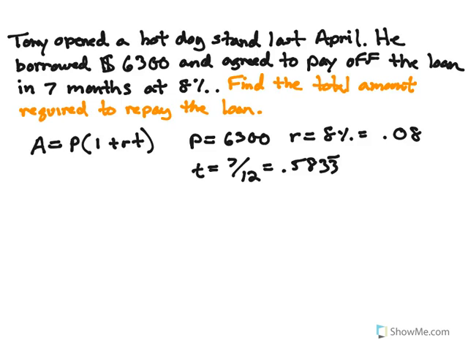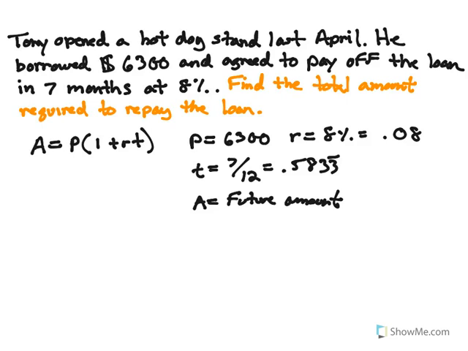The A in the formula, by the way, is the future amount. When you think about this, if you're borrowing money, you're going to pay back more than what you borrow because of interest, right? So if you're borrowing $6,300, at the end of 7 months you'll be paying a little bit higher, because you have to add all the interest in the 7-month period of time.